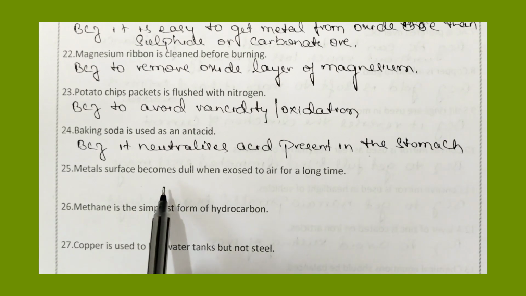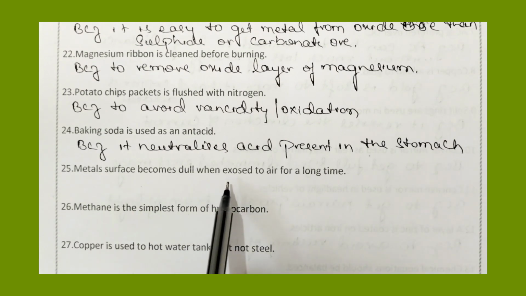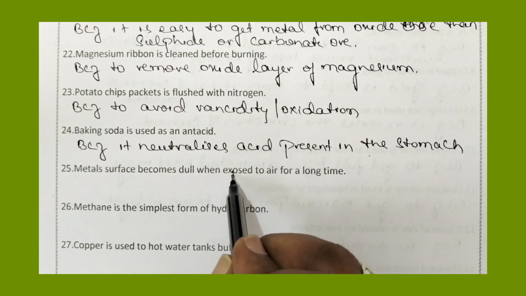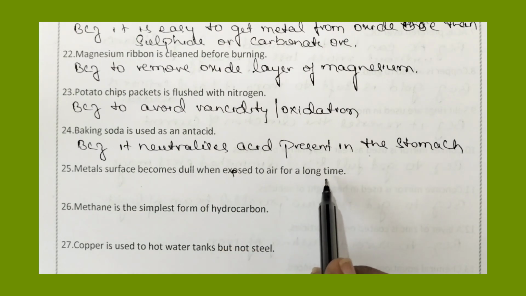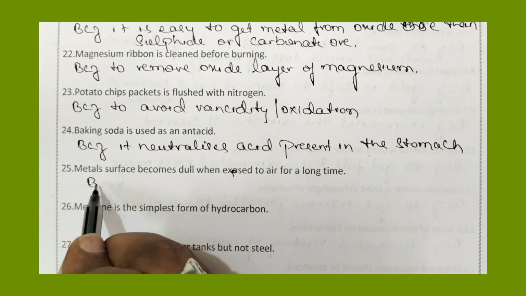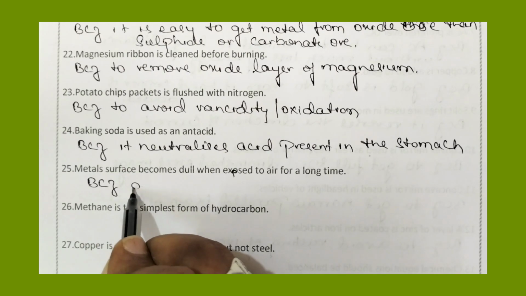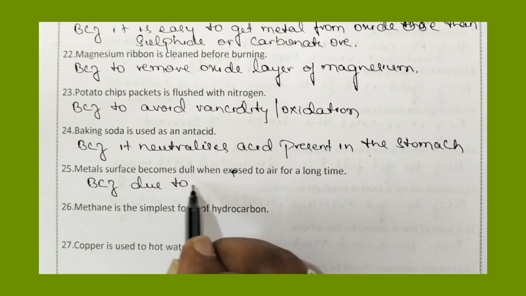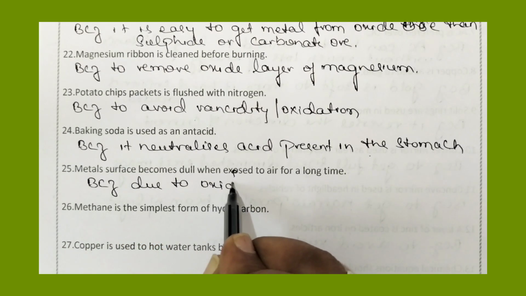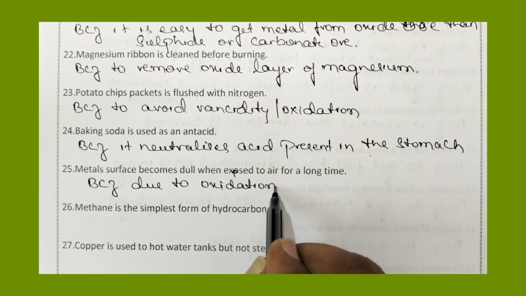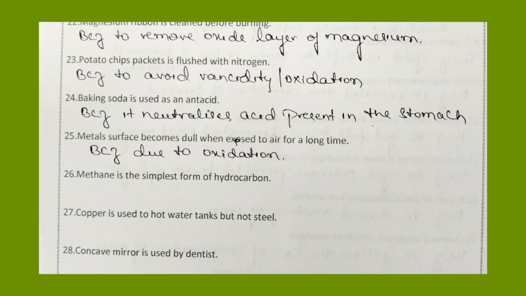Next, metal surface becomes dull when exposed to air for a long time because of oxidation. Metal reacts with oxygen and forms an oxide layer, and that oxide layer makes the metals look dull.